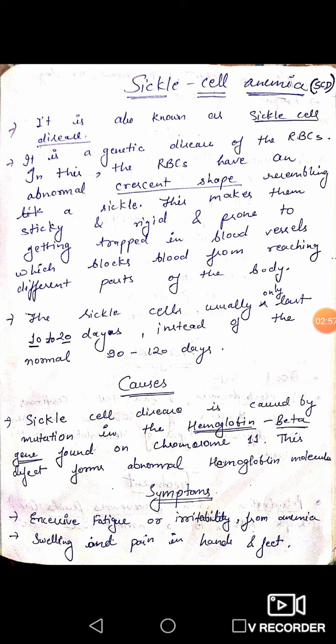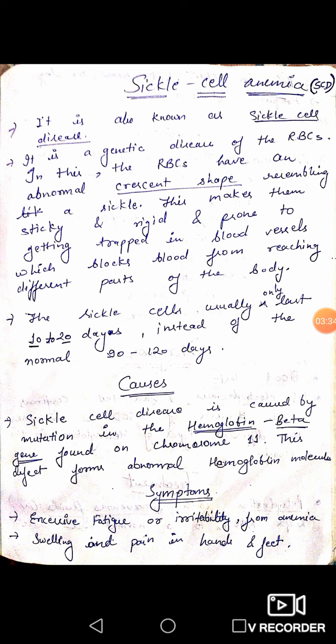Next, how is sickle cell anemia caused? What are the factors responsible for it? Sickle cell disease is caused by a mutation in the hemoglobin beta gene found on chromosome 11. This defect forms an abnormal hemoglobin molecule.